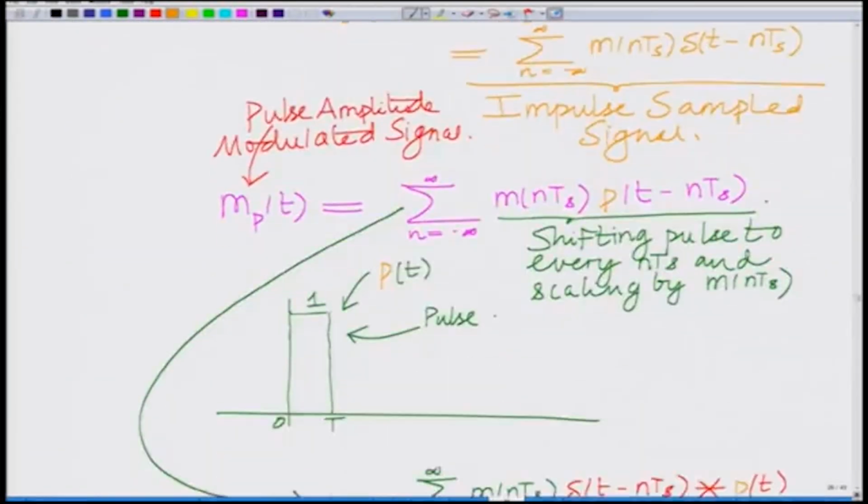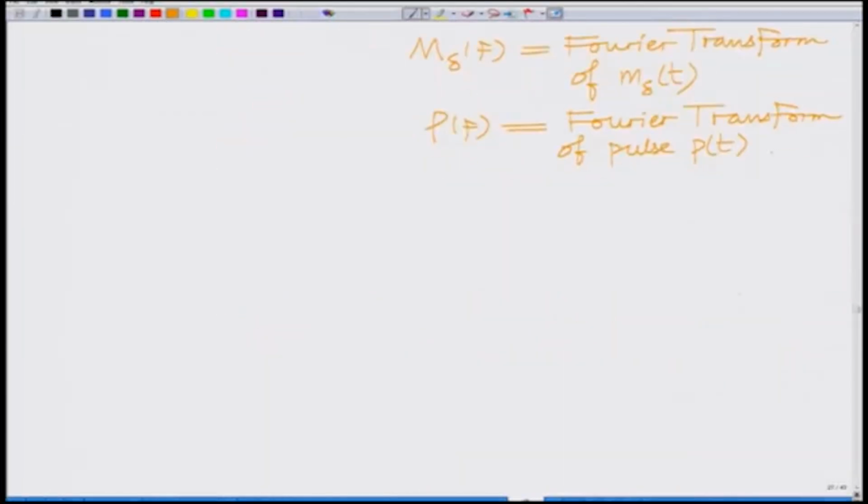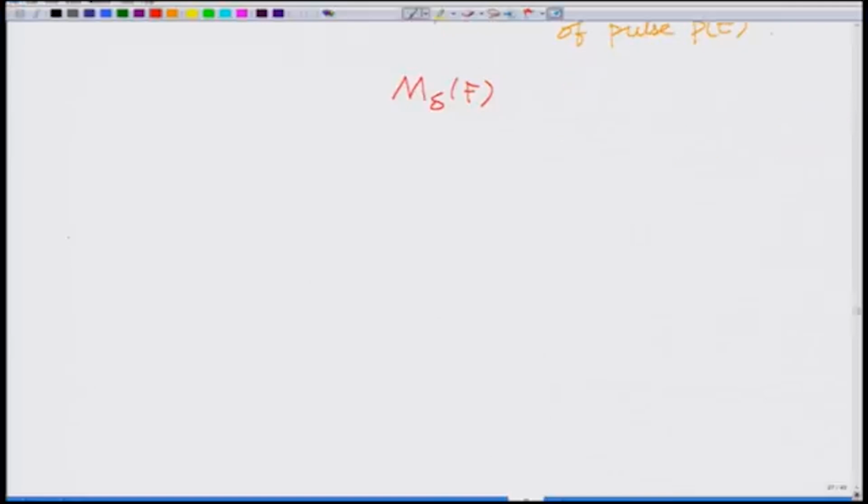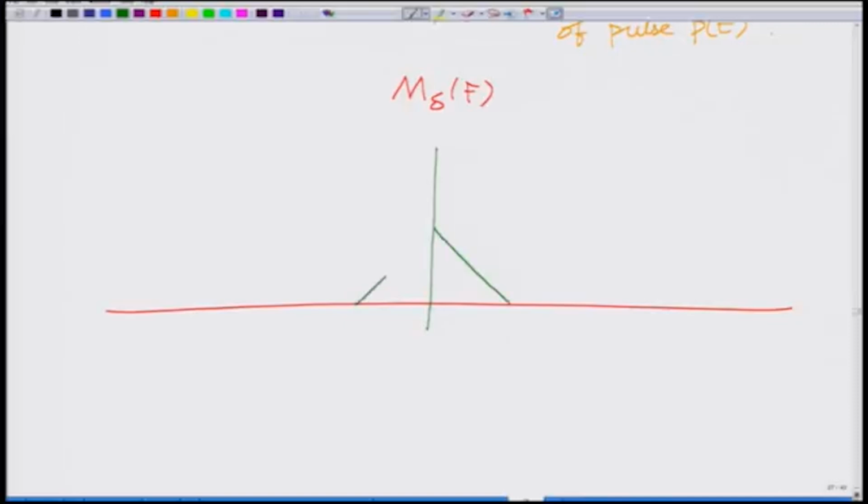Now, we already know the Fourier transform of m delta t. M delta f is simply the sum of shifted replicas of the original spectrum M of f.